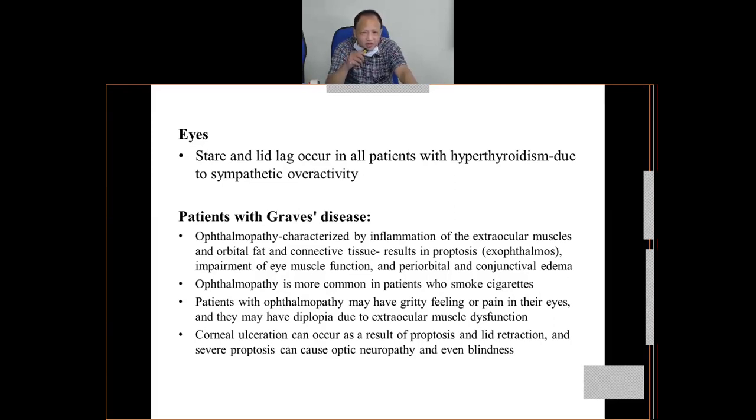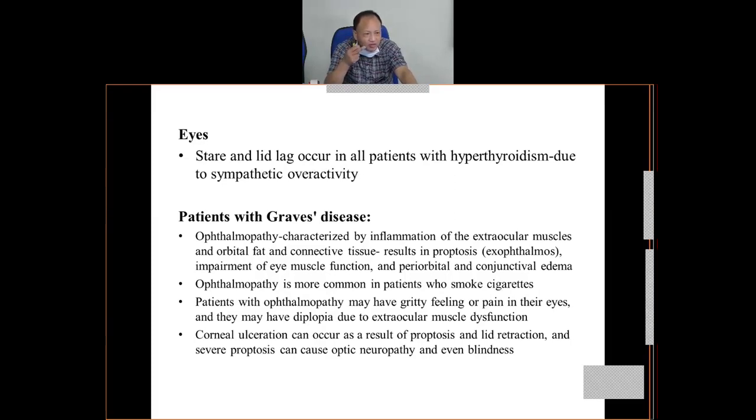Patients with ophthalmopathy may also have a gritty feeling or pain in their eyes. This is because of what we know as exposure keratitis. Gritty feeling means as if a foreign body is there, or as if there is sand in your eyes. So that is a gritty feeling of pain. They will be painful because of inflammation of the cornea. That is known as exposure keratitis.